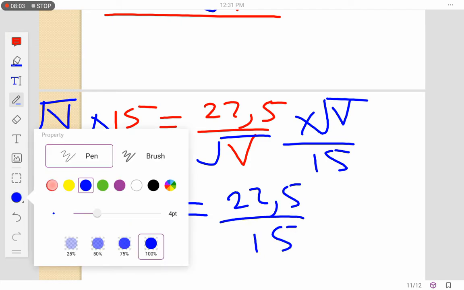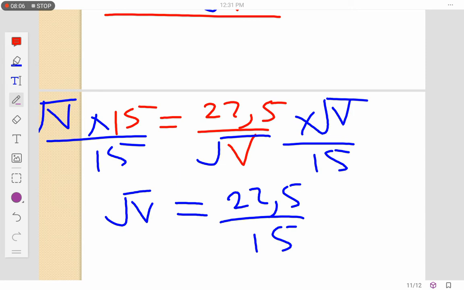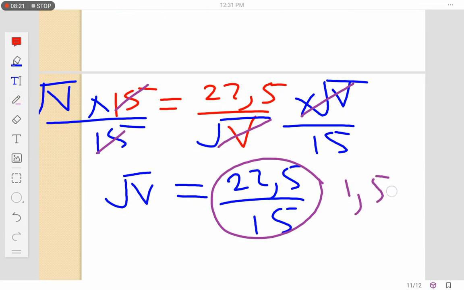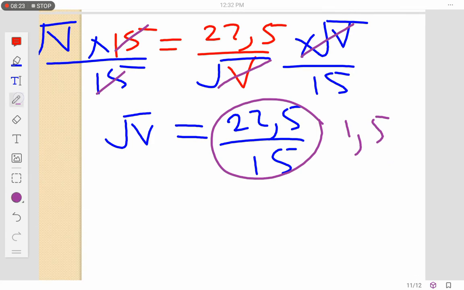This will cancel off with this one on that side, and this will cancel off with this one. That's why I'll have this. If I divide 22,5 by 15, I get 1,5. So the square root of V is equal to 1,5.